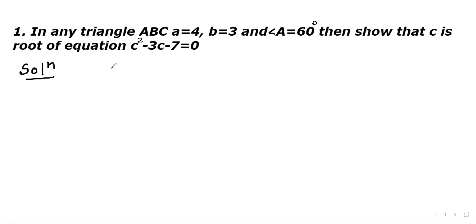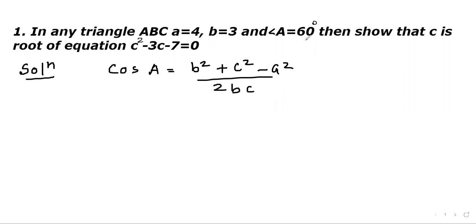So we know from the cosine formula, cos A equals (b² + c² - a²) divided by 2bc. Here A is 60 degrees. So cos 60 degrees equals b² means 9, plus c², minus a² means 16, divided by twice of b means 3 into c.